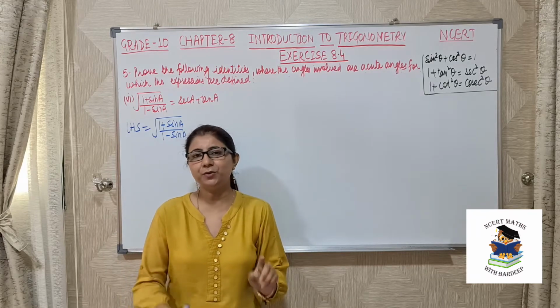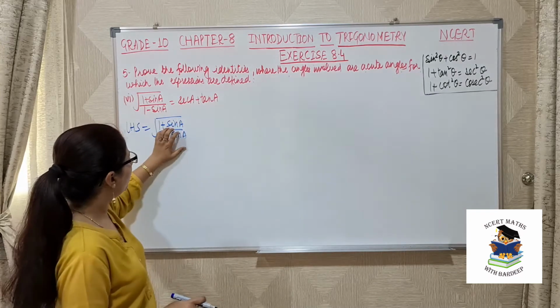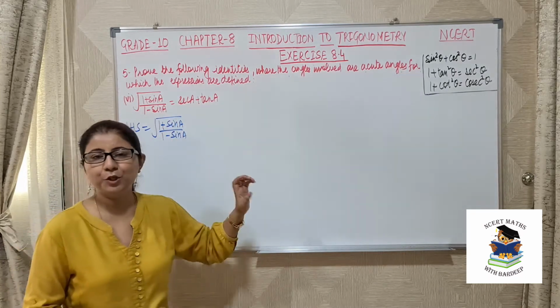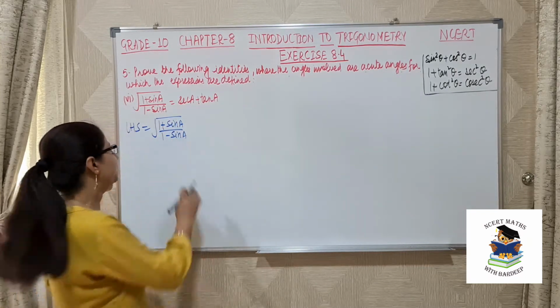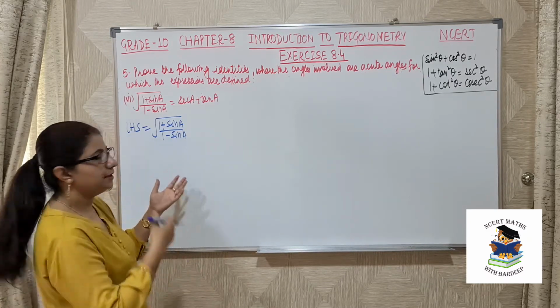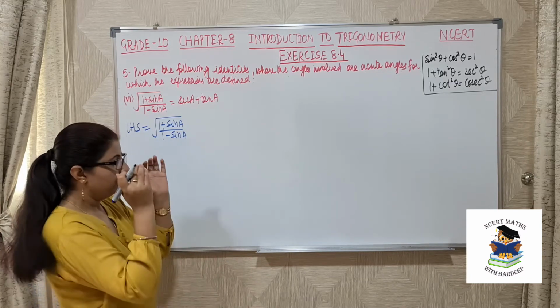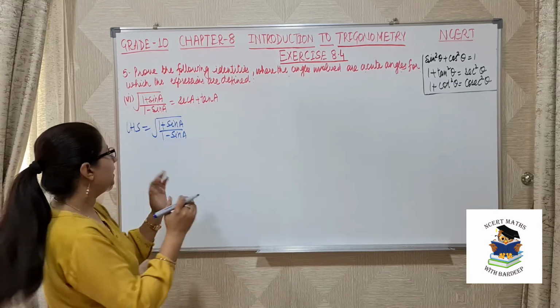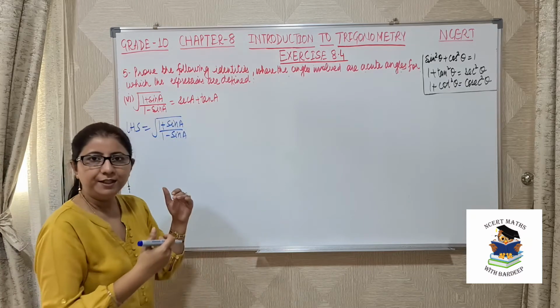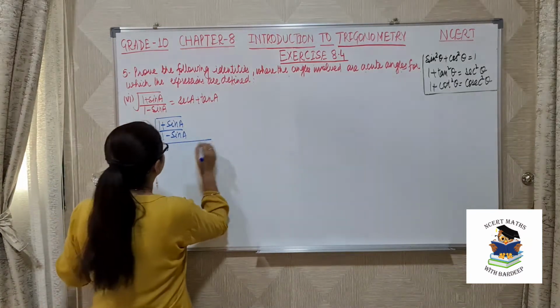So make this a rule. Always remember, whenever we have a square root, always rationalize the denominator. And how to rationalize? Change the sign of the denominator to opposite: if it is minus, change to positive; if it is positive, change to negative. Make that term with opposite sign and multiply both numerator and denominator. Okay, so let's see.